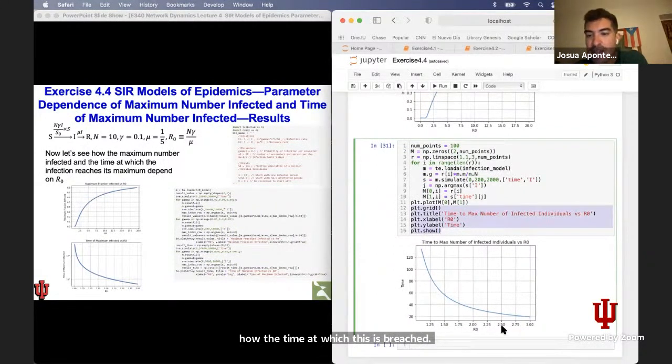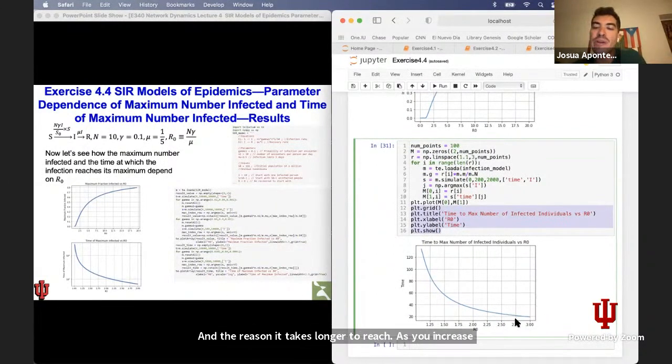And the reason it takes longer to reach the maximum as you increase R0 is not because you've been successfully preventing the disease, it's because the number is much higher, so it takes longer to reach that maximum number of infected individuals.